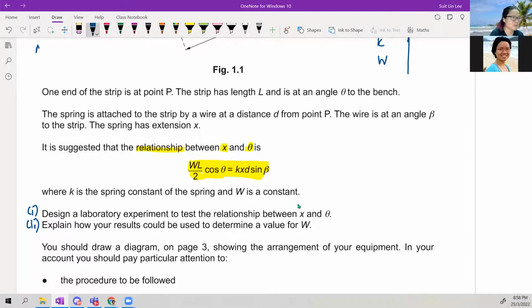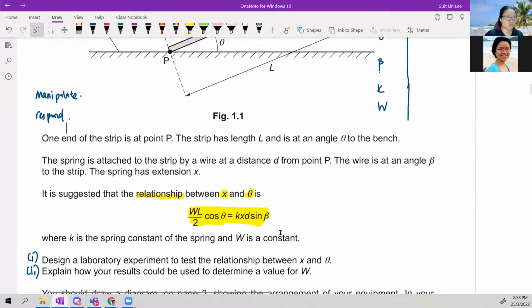SPM uses manipulated and responding. But if you want to use the language that Cambridge wants from you, manipulated will be replaced by independent. And responding means I'm responding to something else, so I'm dependent on that something else.